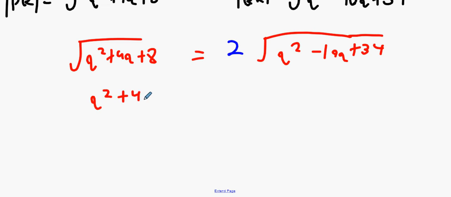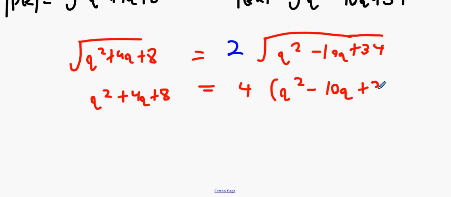q squared plus 4q plus 8. What happens when you square the 2? 4. And once we square that, now we have next 4q squared minus 40q. 4 times that is 136, is it?